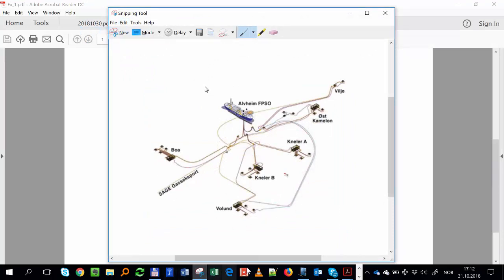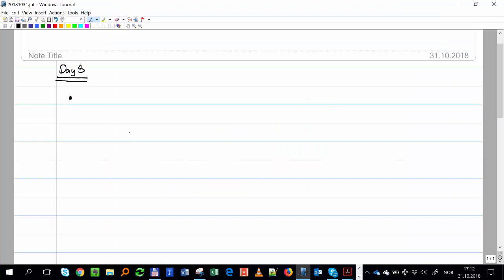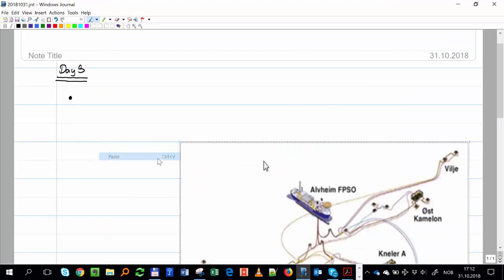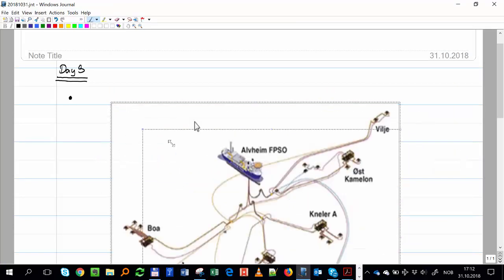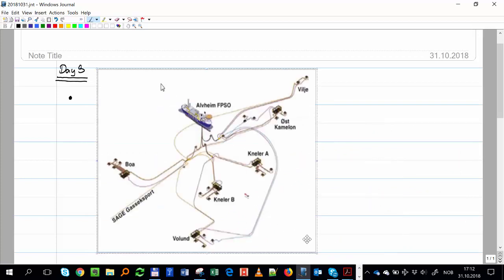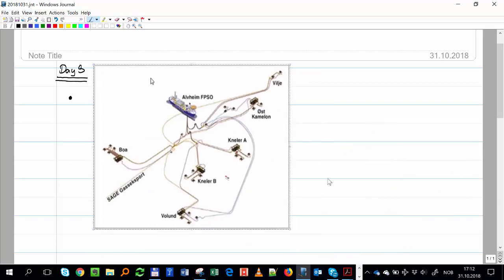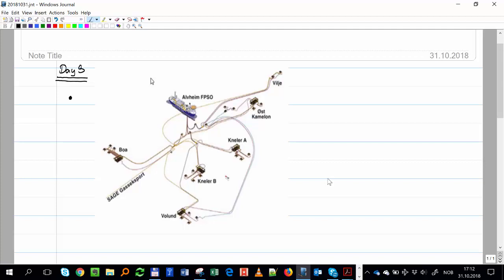But you might have a similar layout if you start developing fields like Coral here in Mozambique. You will have a similar arrangement. We are going to focus mainly on this part called volume. You're going to neglect all the rest, and just see what happens with volume.